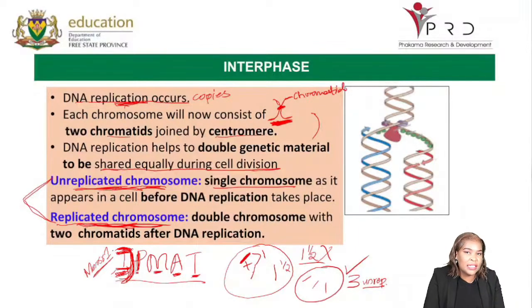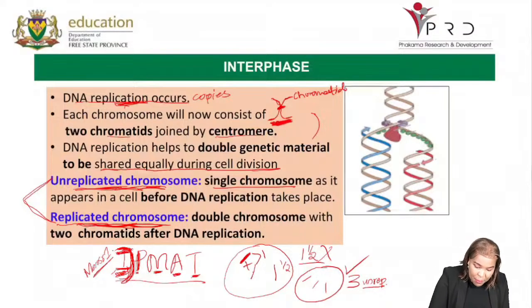It is not a chromatid. A chromatid does not go alone. We can only call it a chromatid if it is joined together by a centromere with another chromatid, forming a replicated chromosome. So a replicated chromosome will be one that has two chromatids joined together by a centromere.